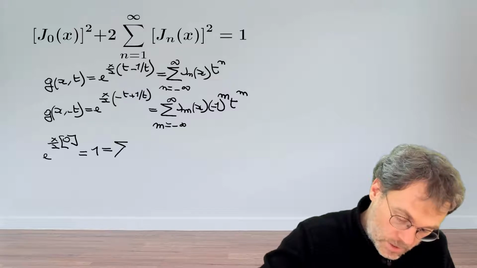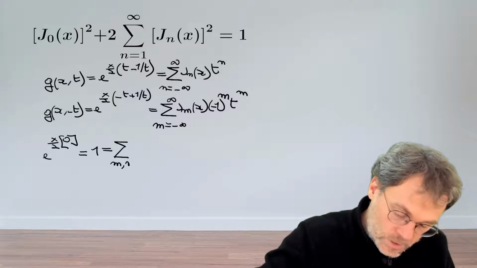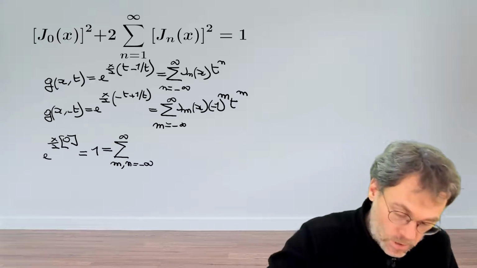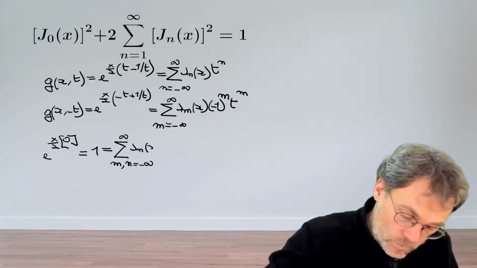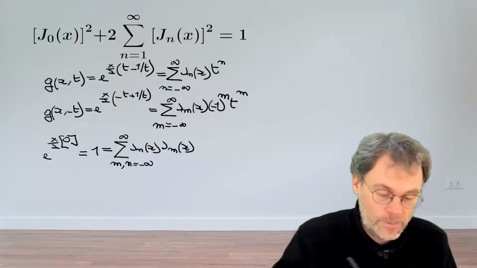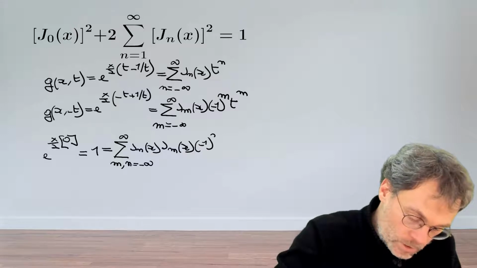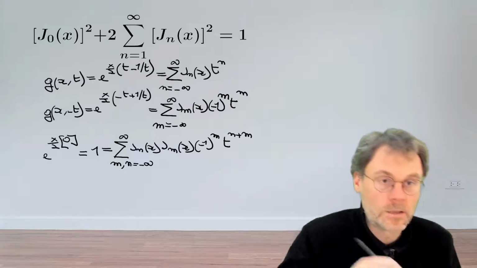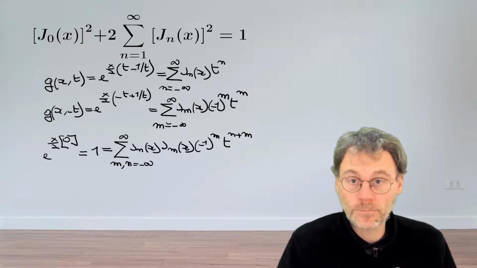And then on the right-hand side, we have a product of two series expansions, m and n running from minus infinity to plus infinity: Bessel function of order n, Bessel function of order m, minus 1 to the power of m, t to the power of n plus m.